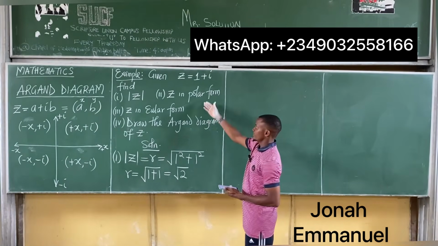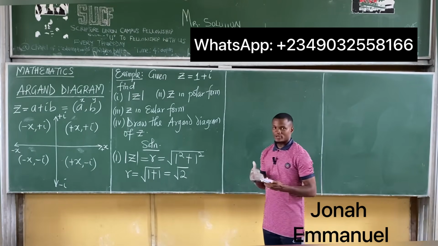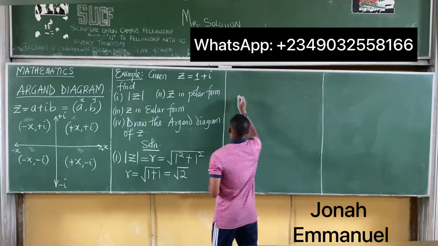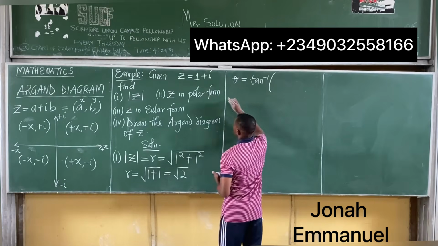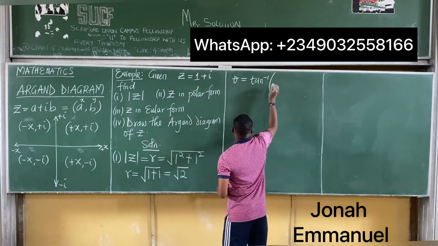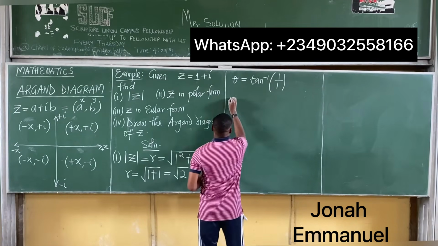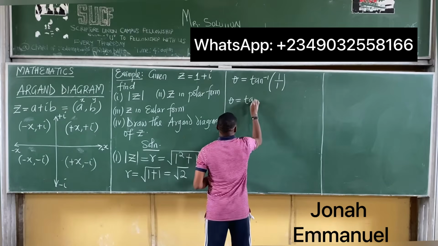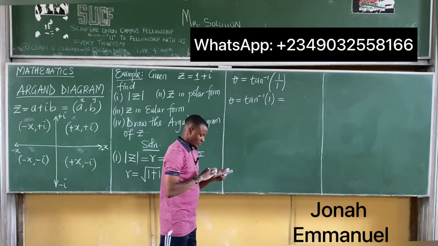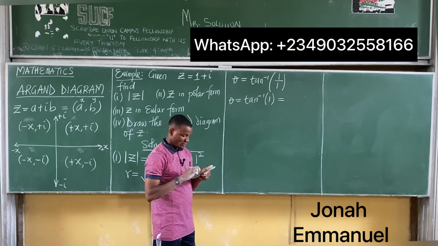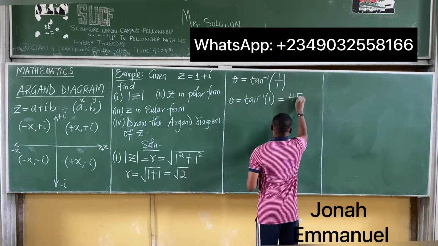Next, we have to find z in polar form. To get the value of z in polar form, we need the amplitude. And we said amplitude theta is equal to tan inverse of the coefficient of i, which is 1, all over the real part, which is 1. So theta is equal to tan inverse of 1 over 1, which is 1. Hence theta is equal to tan inverse of 1, that's about 45 degrees.